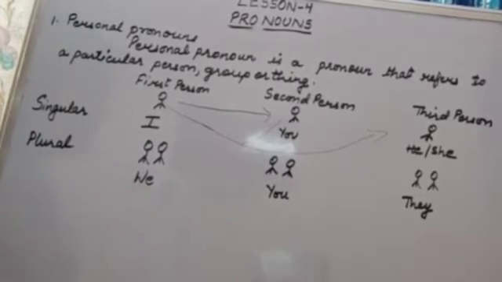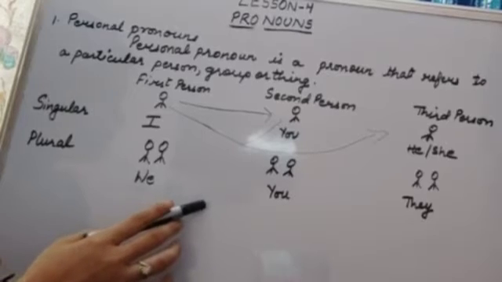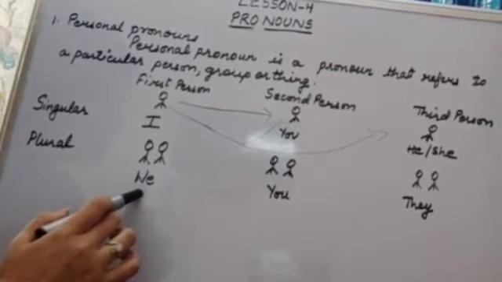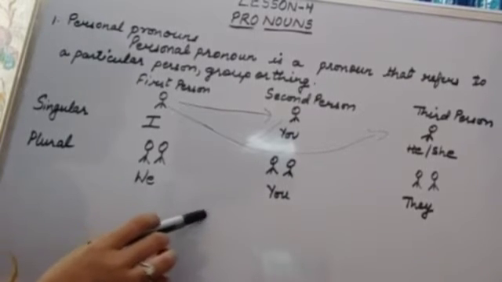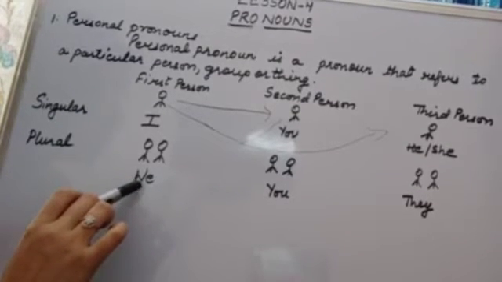For example, I and my friends, we are going for picnic. So what will I say? We are going for picnic. Now I have used pronoun we. Why? Because I am also going along with my friends for a picnic. If you are not there, you cannot use the pronoun we.